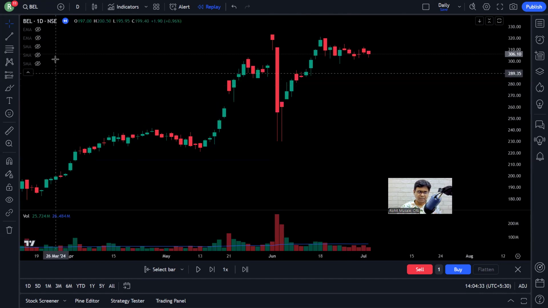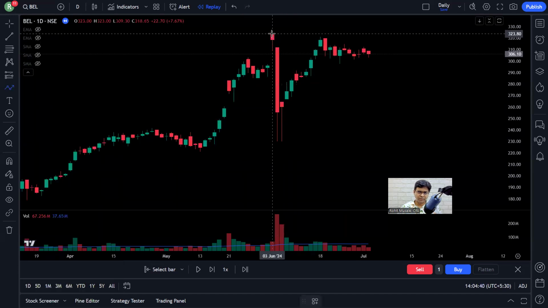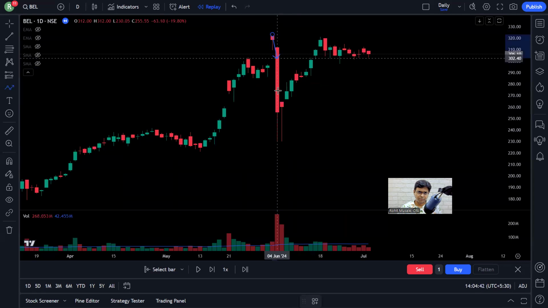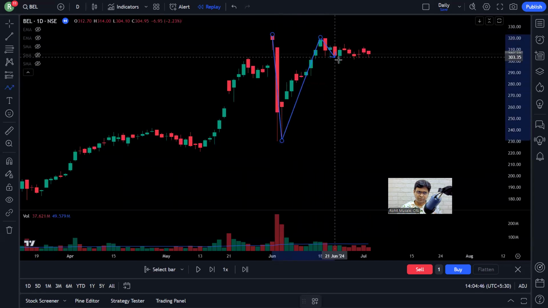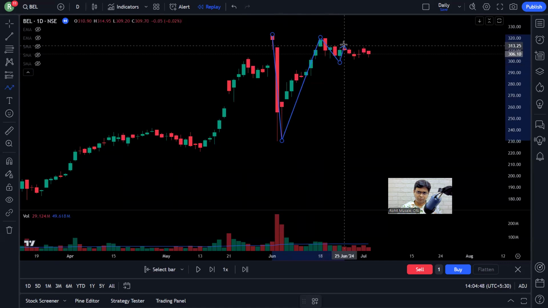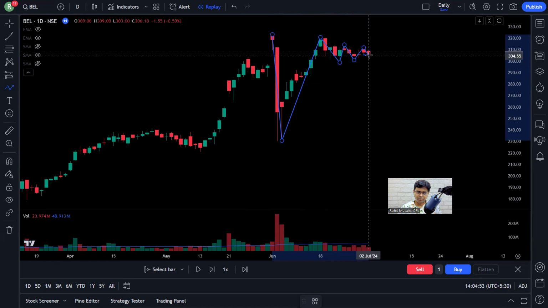That's the second reason. The third reason is if you draw the contractions in the base, see this is 0.1, this is 0.2, this is 0.3, 0.4, 0.5, 0.6, 0.7, 0.8.